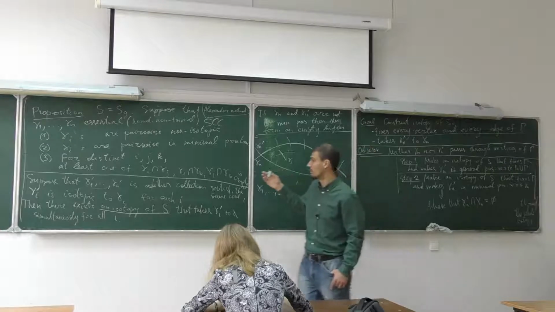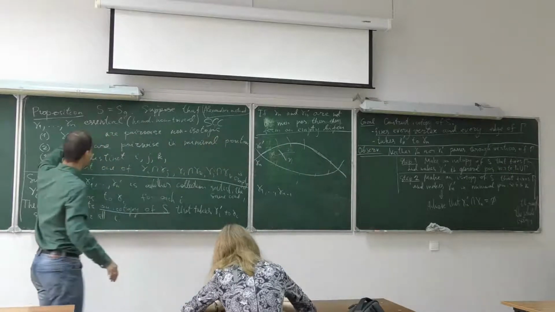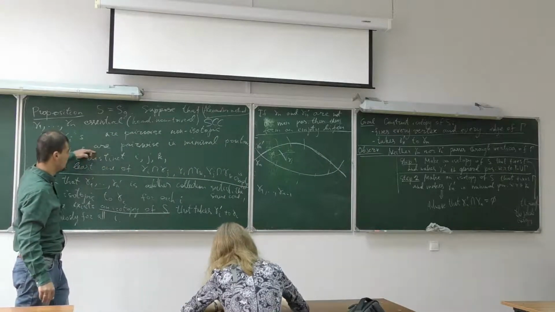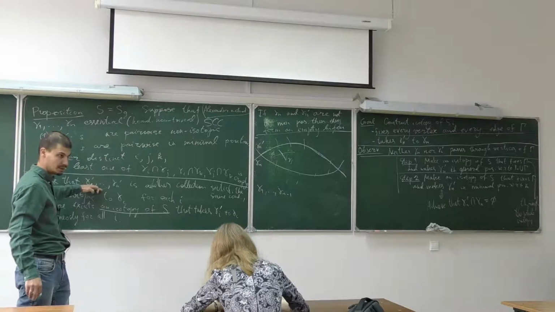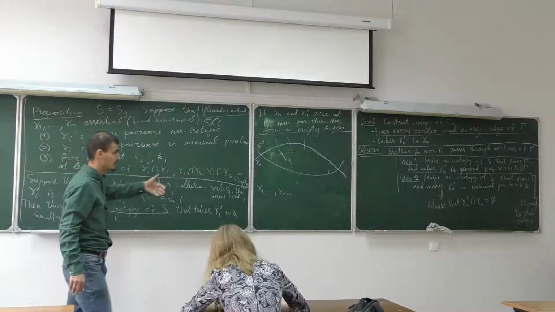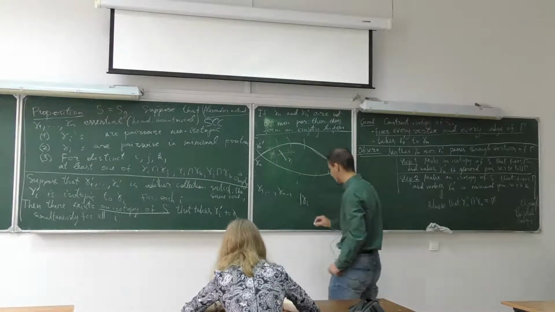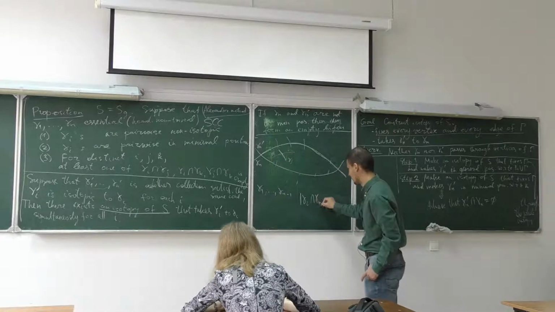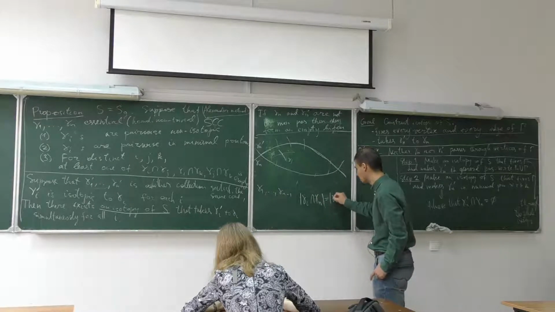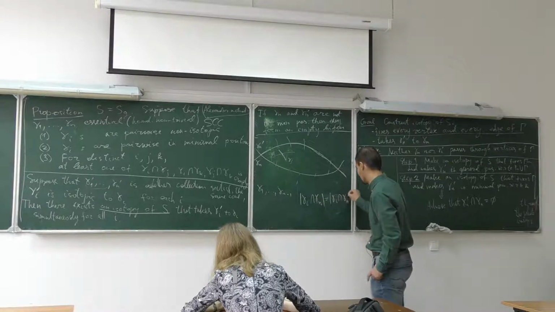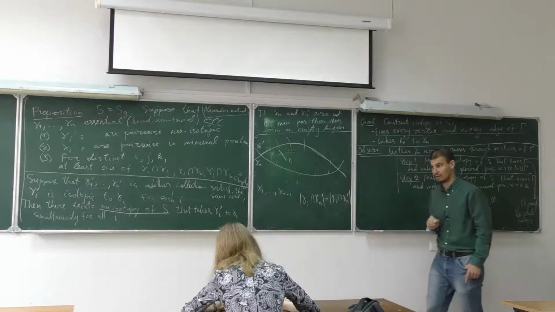Why? Because gamma i's are in minimal position and gamma i primes are in minimal position. Hence, for each i, the number of intersections of gamma i with gamma n equals the number of intersections of gamma i with gamma n prime.